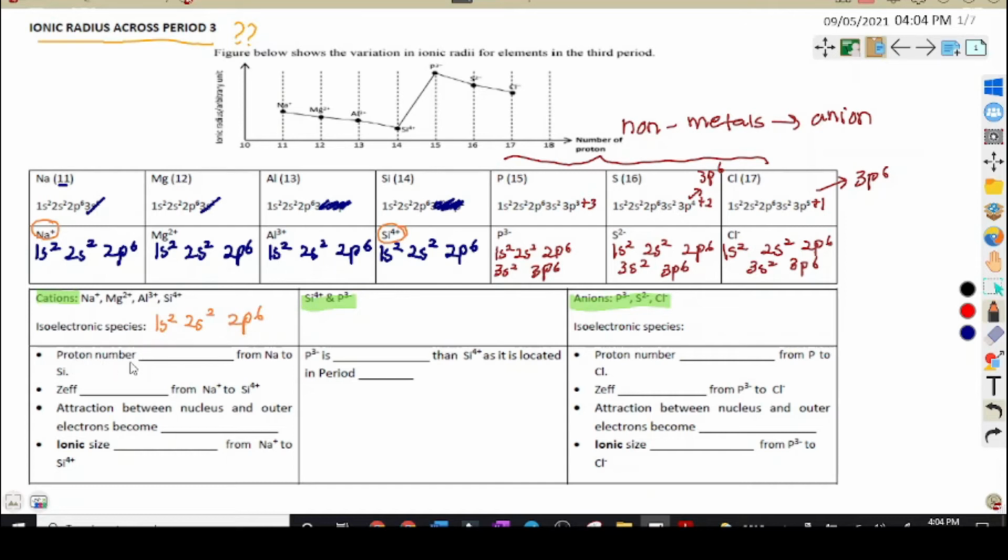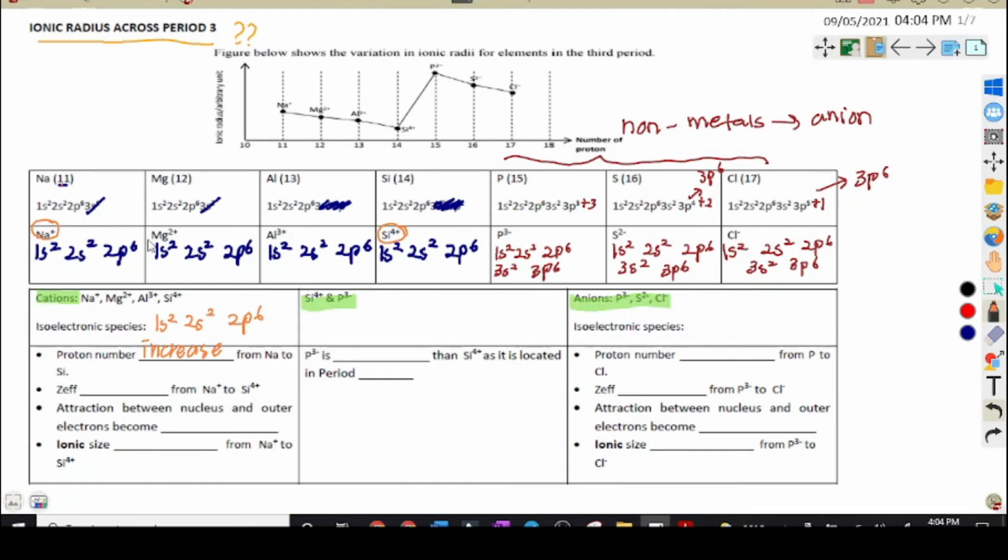So what happened first is that the proton number, okay, observe that the proton number increased from 11 to 14. So you must mention first that the proton number increased from sodium atom to silicon atom.